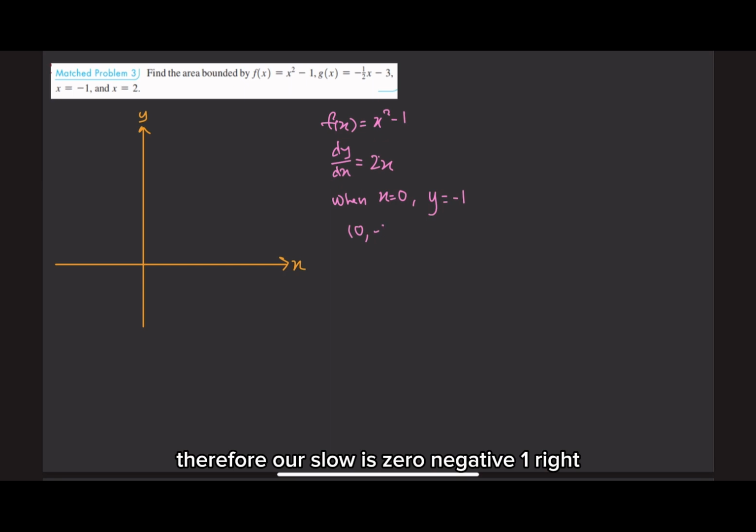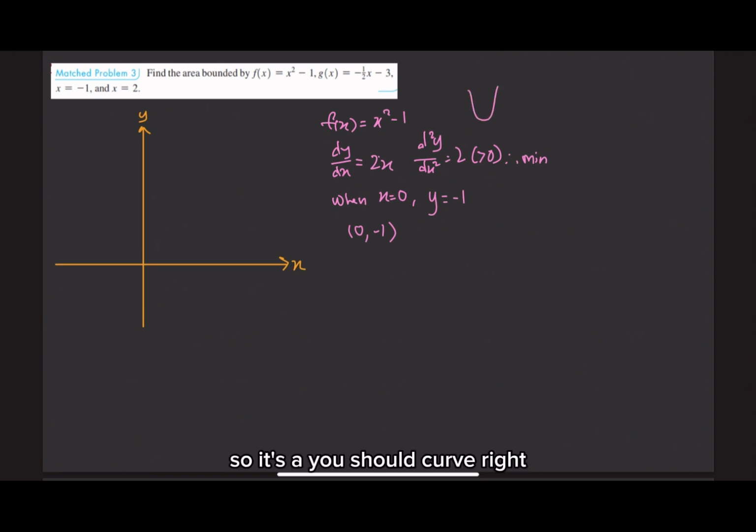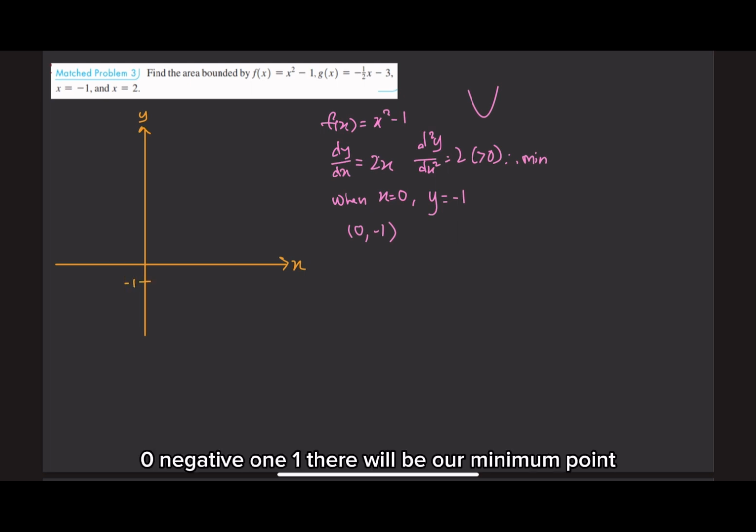Therefore, our stationary point is 0, negative 1, right? The second differentiation is 2, greater than 0, and therefore it is a minimum. So it's a U-shaped curve, right? Our minimum point will be at 0, negative 1.